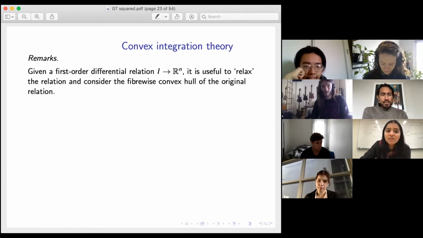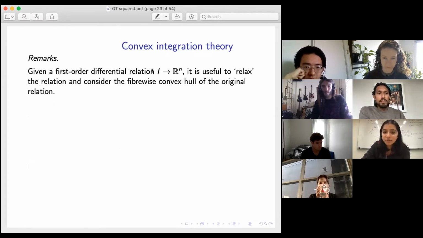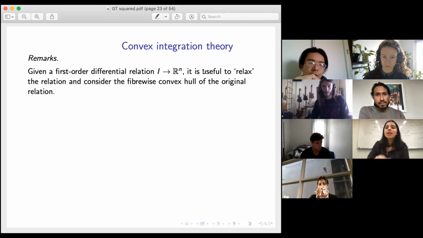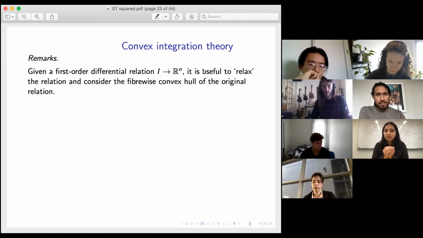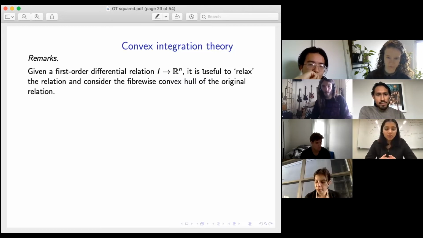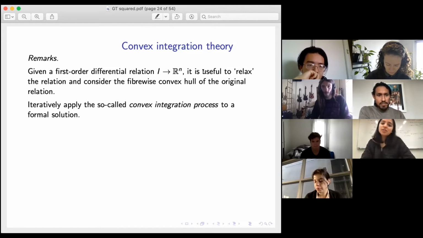So given a first order differential relation, on I, which is just the interval 0 to 1, into R^n, it can be useful to relax the relation a little bit and consider the convex hull of the original relation. That's the idea behind convex integration theory. And we iteratively apply something called a convex integration process to a given formal solution. What we want to do, as I said in the h-principle, is to deform a formal solution into a genuine solution.